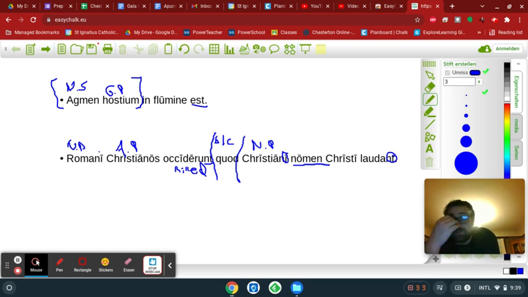But this time, nomen is a third declension neuter word, and so we have to remember, oh yeah, it's going to match the nominative. This is going to be accusative. Nomen is accusative and nominative. It's both. So it's okay that the name is what's being praised.